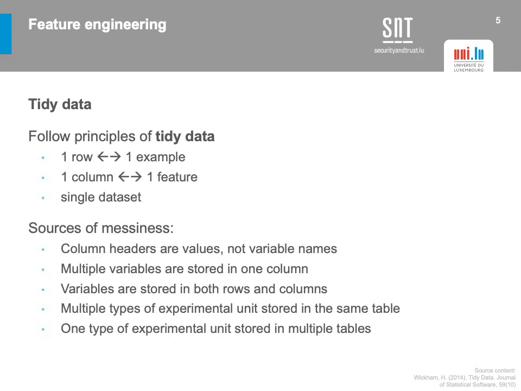Also, if you have multiple variables stored in one column, so it can be the case if you have, for example, let's say that you have a temperature, and in one column you have both the value of the temperature and the unit, because for some examples you will have 20 degrees Fahrenheit, and for some examples you will have 20 degrees Celsius.